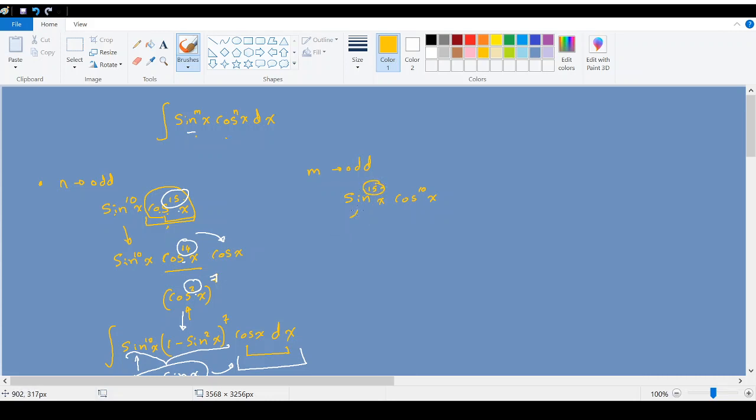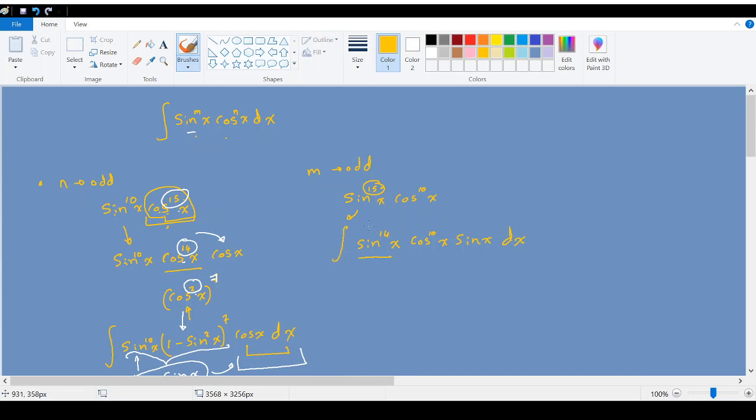Hence, we extract out a sine term from the odd powered trigonometric term. So when it is extracted, it becomes sine 14 cos 10, and I am writing that extracted sine term at the end, because that's the place where we write the dx term.